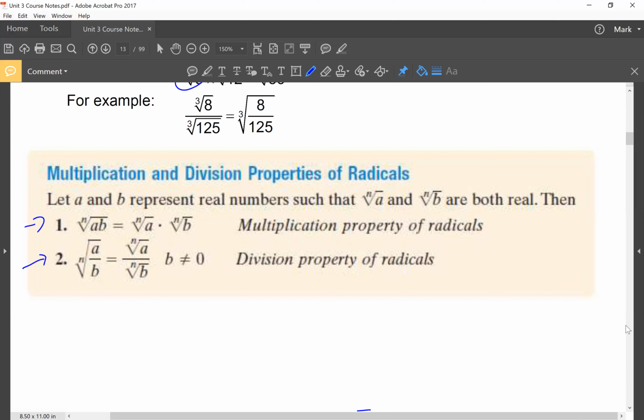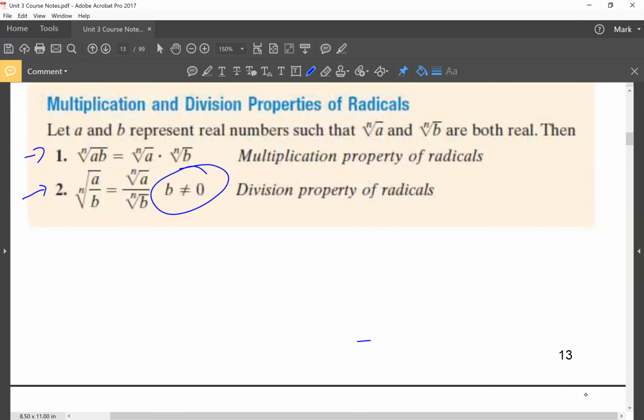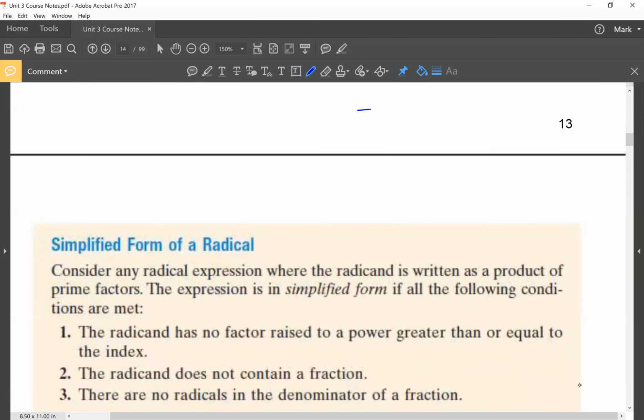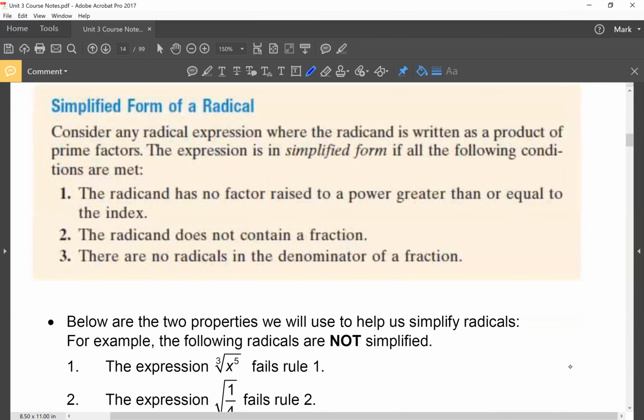Property 1 says that the square root of A times B is equal to the square root of A times the square root of B. Again, we're going to practice this, don't worry. And number 2 says, what about A divided by B? These are equal to the square root of A divided by the square root of B. And the second rule is only true as long as B does not equal 0. Again, we'll practice this in a minute.